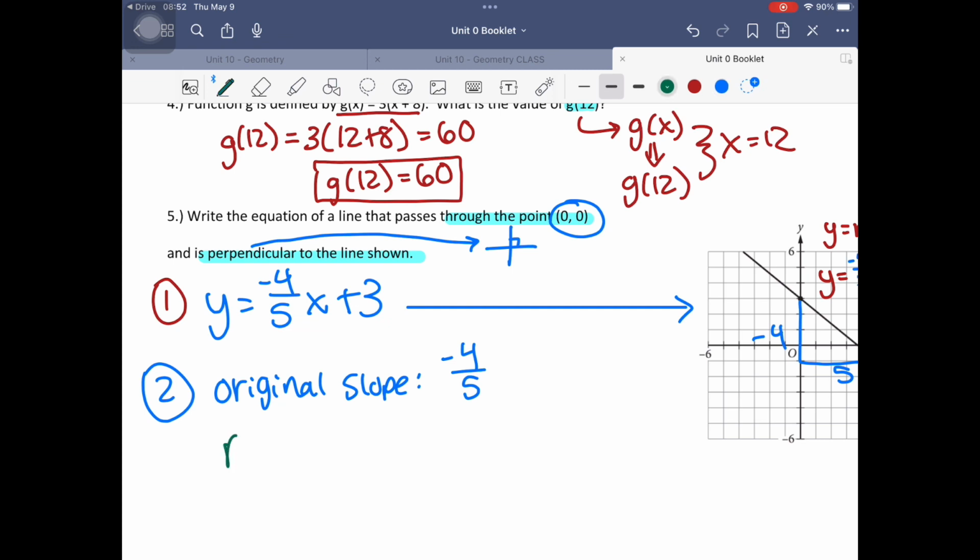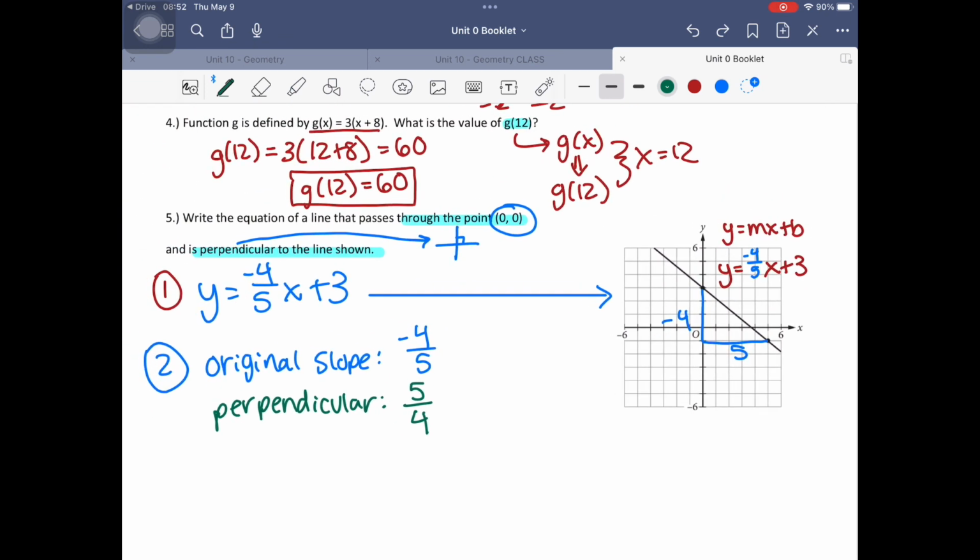This is a good thing to remember: if it is perpendicular, that means it is going to be the opposite and flipped sign. So the reciprocal and the flipped sign. So now it's positive. If it were parallel, it would have the same slope. So it's going to be 5 over 4, and it is going to go through 0, 0.